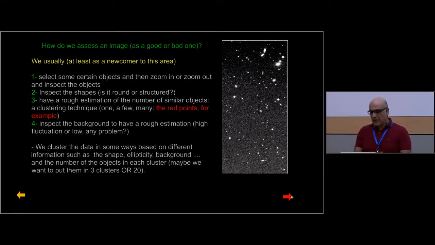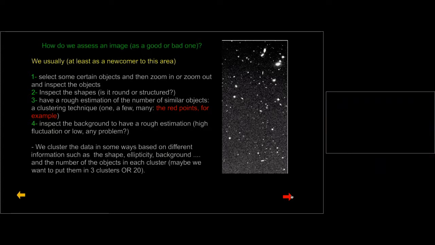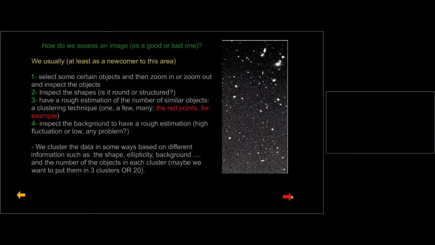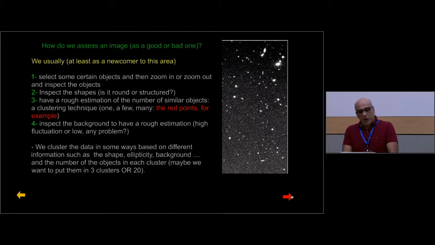For example, in this case, one class of this object, the second class, and the third. We can cluster this data into, for example, 20 clusters or 10 clusters. It depends on the nature of the problem that we are going to solve. Okay, we can do these steps by machine.